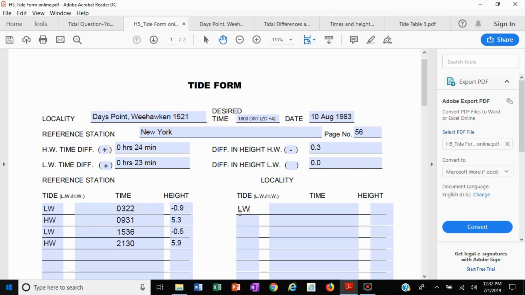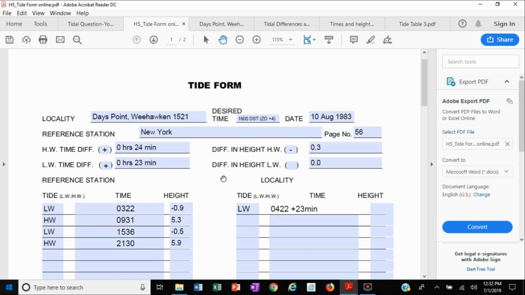So this one's low water. So the time is going to be, we're going to add an hour to 0322 to make it 0422. And then we want to add what? So at low water, the time difference is 23 minutes, right? So we want to add 23 minutes to that.